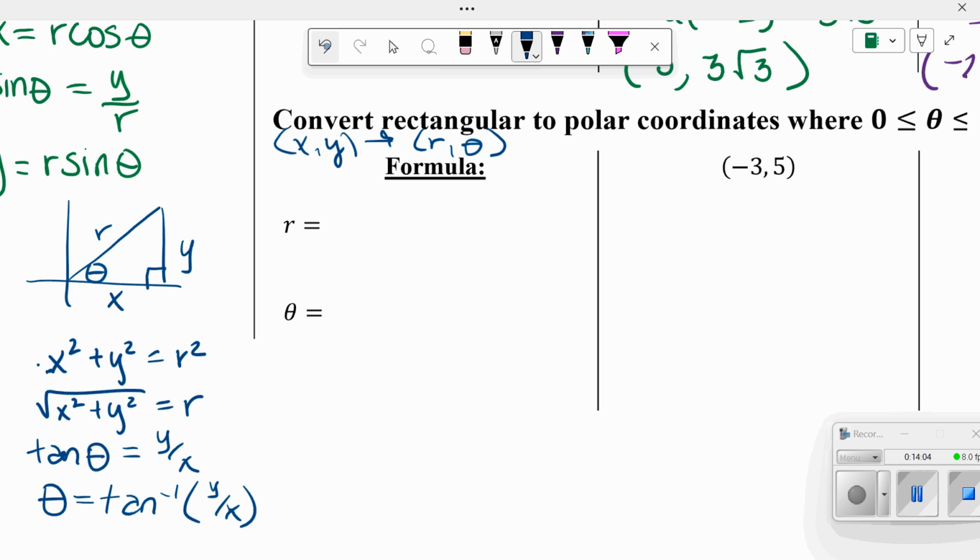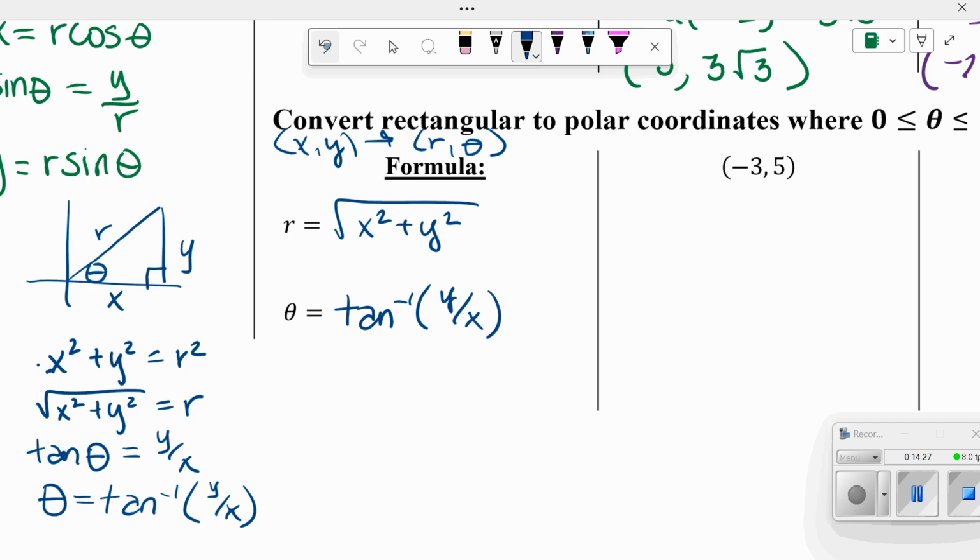So we got to be super careful about what quadrants we're in when we're dealing with tan inverse. All right, let's write our formulas down. So converting from rectangular to polar, the r formula is just going to be the Pythagorean theorem, square rooted. And then theta is going to be tan inverse of y over x.